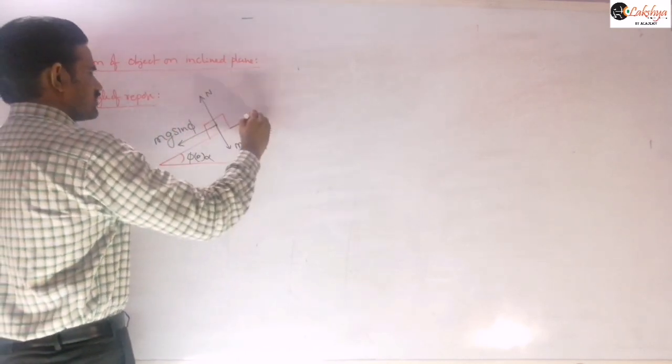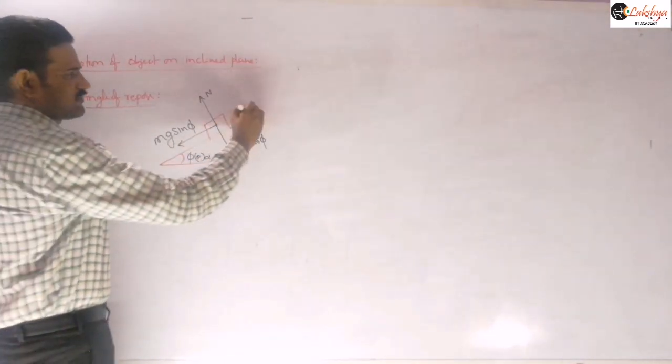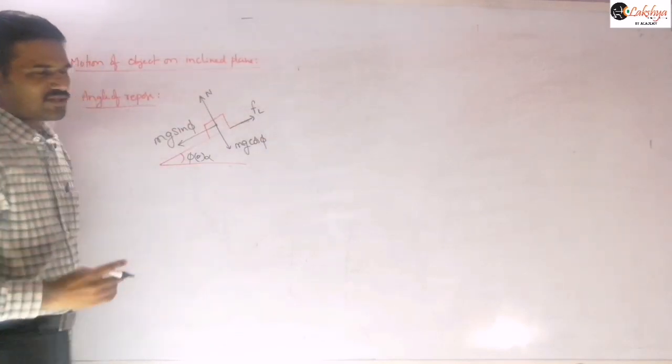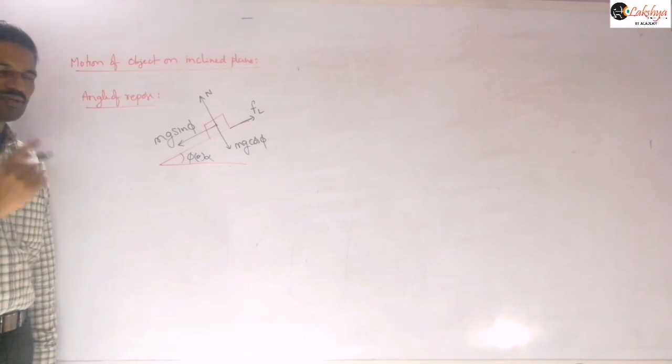And then the frictional force will be there. As the body is ready to slide down, this frictional force is the limiting friction. That is the important thing you should note here.